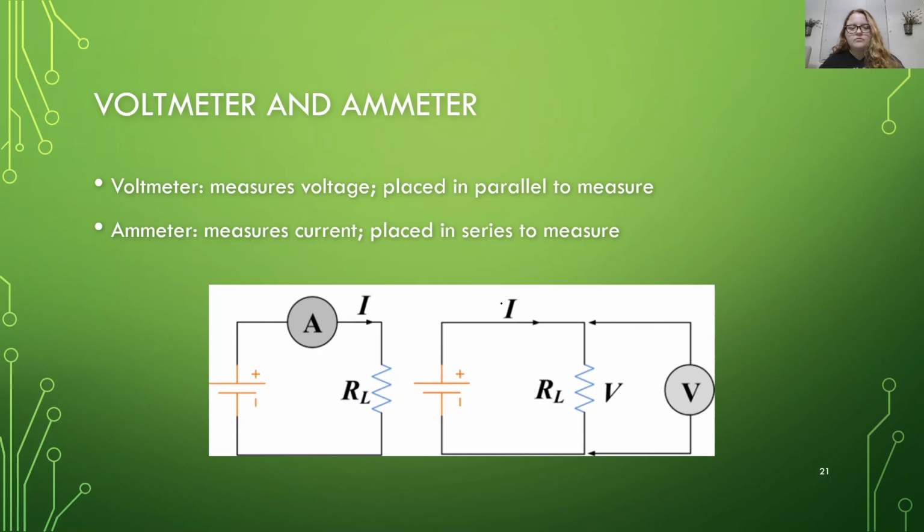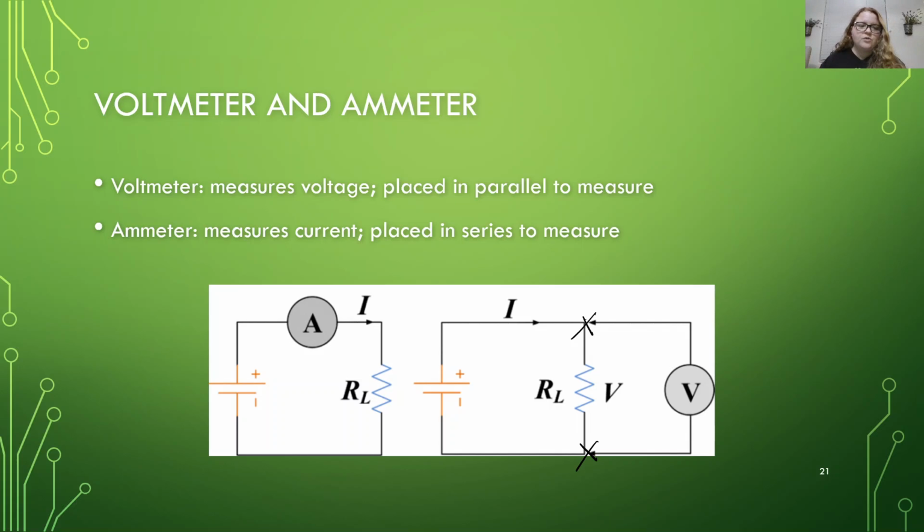So if I'm looking at this schematic and I want to know the voltage across this resistor, R sub L, I will place it here and here, and that will be in parallel with this resistor, okay?